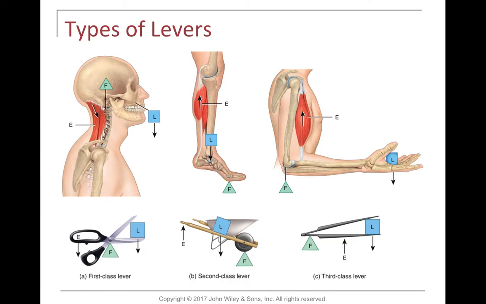So the point of attachment is here at the top, and then the tips is where you're actually picking up the load, but you will squeeze or have your effort between those two. And so the example here is going to be at our elbow. If we pick something up or lower something from our hand, the effort comes from our muscle.